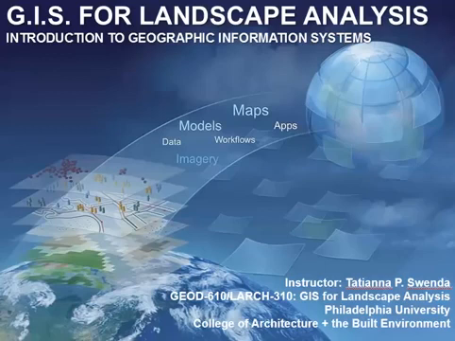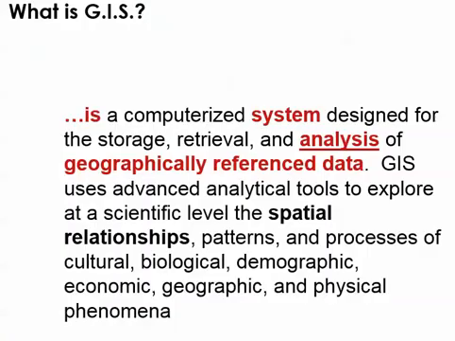So today I just want to give you a brief introduction into geographic information systems. So what is GIS? GIS, by definition, is a computerized system designed for the storage, retrieval, and analysis of geographically referenced data.